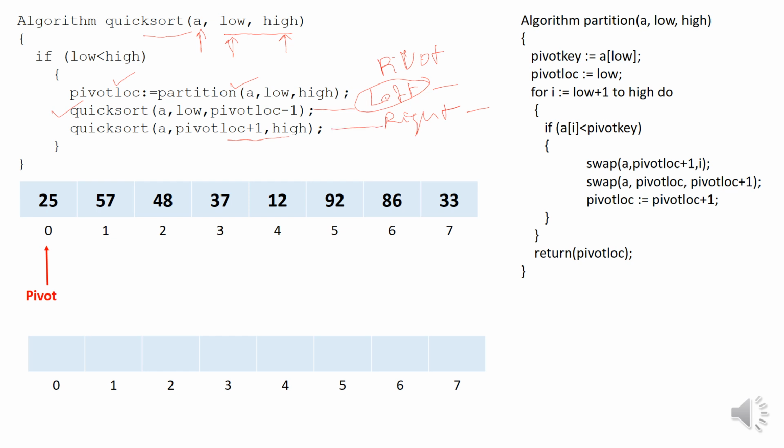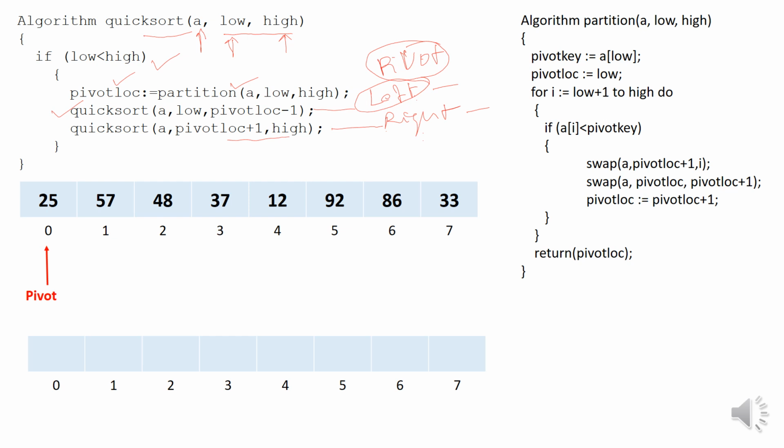That is, we are fixing an element in its proper position, which makes left array and right array, that is left partition, right partition. Apply quicksort method on left partition. Apply quicksort method on right partition. The process is repeated till the array contains only one element.